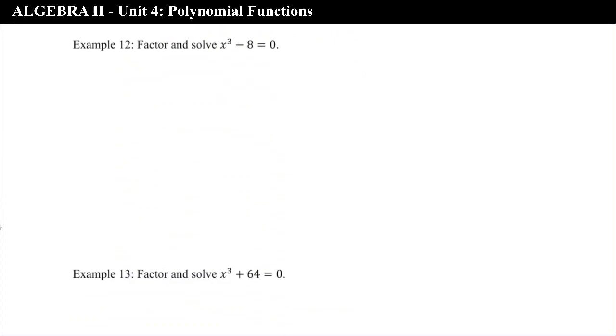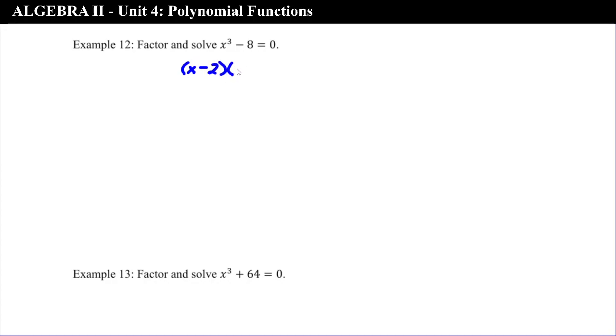For example 12, we're going to look at this and recognize it as a difference of cubes. So since it's a difference of cubes, we're going to use that new technique that we learned. We're going to take the cube root of the first, subtract the cube root of the second, which is 2.